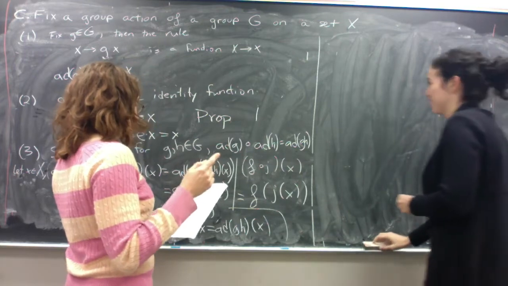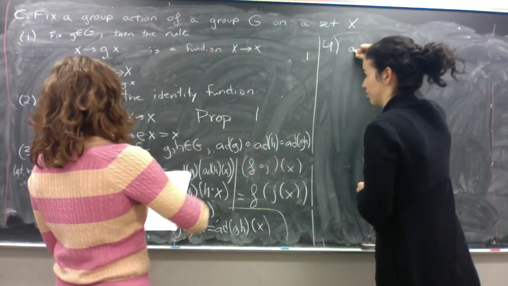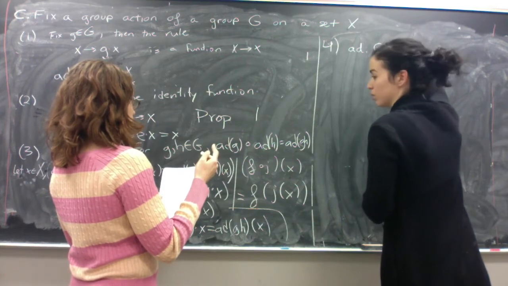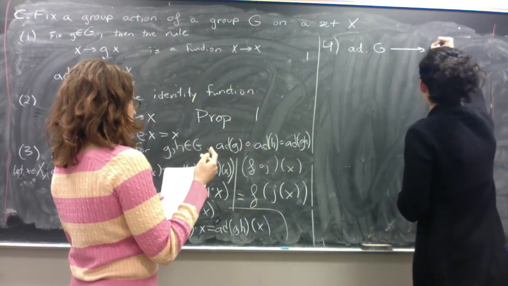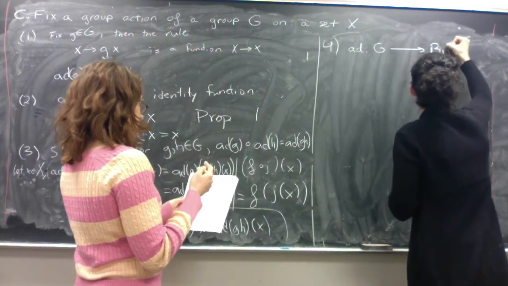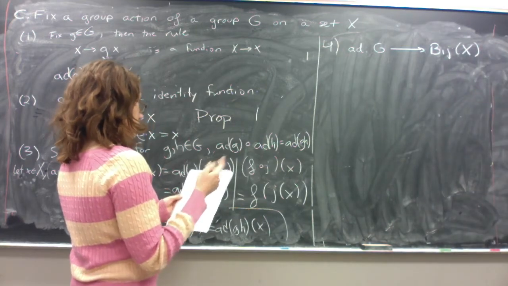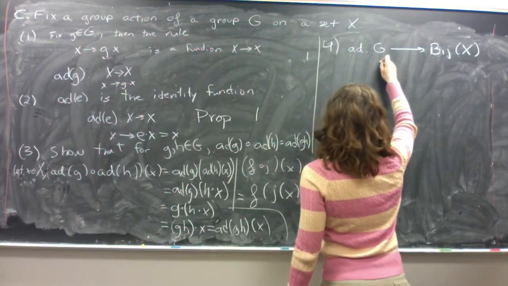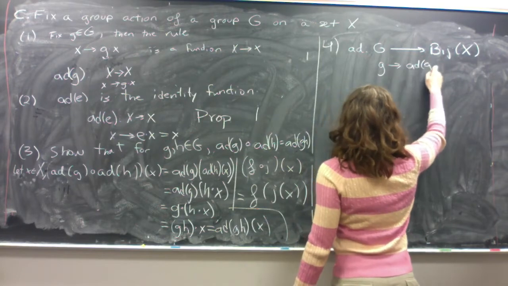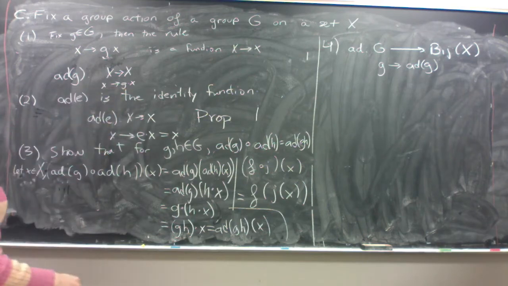So now we're thinking about add as a map from G to bijections of X. I guess it's going to be defined where you send g to add of g, and we know what add of g does.